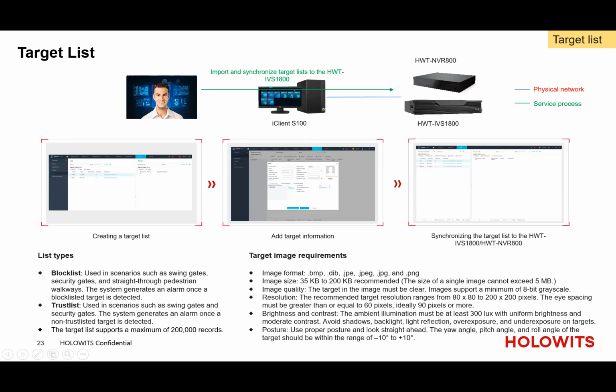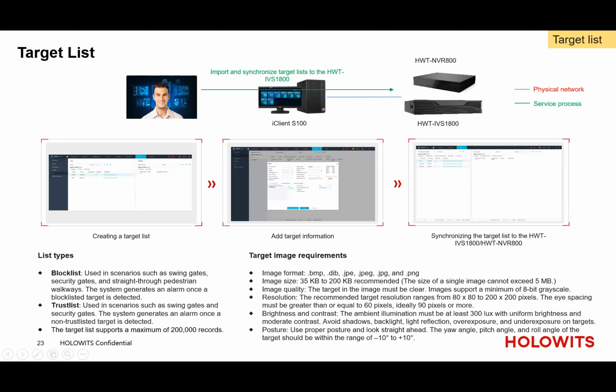The next part is about the ability for epidemic prevention. The ability of epidemic prevention and control actually relies on temperature measurement devices. In this solution, we need to set up the temperature measuring devices at the entries or exits.